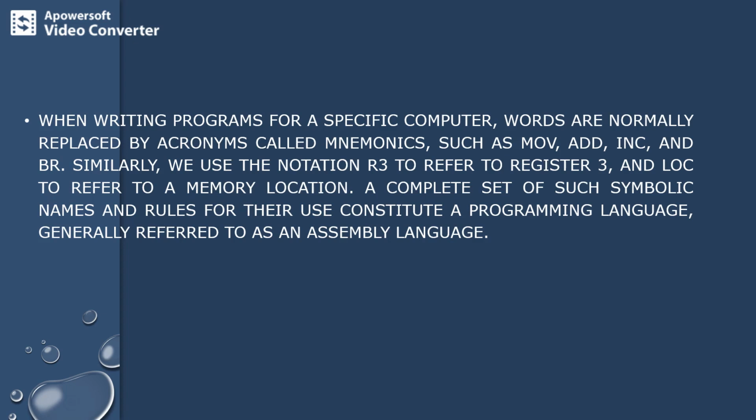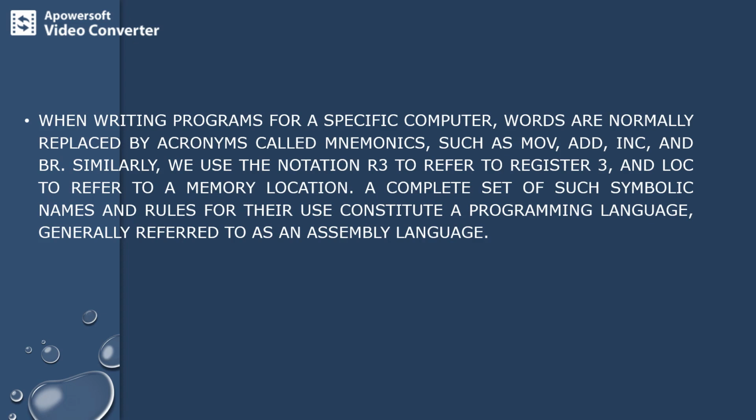We can make use of English words like move in order to transfer data between any two registers or between a register and a memory location. We can also use mnemonics like ADD in order to perform arithmetic addition, increment as well as branch instructions.